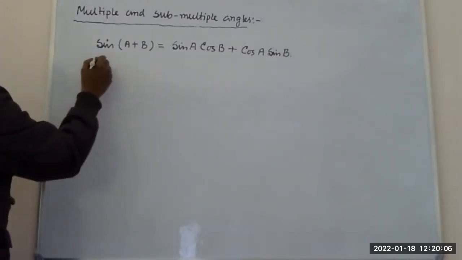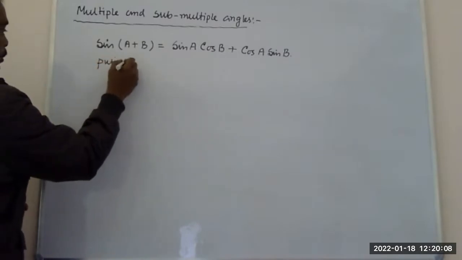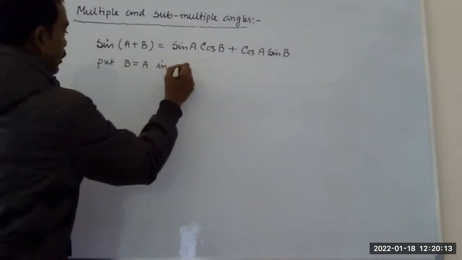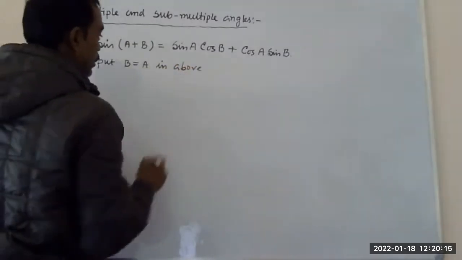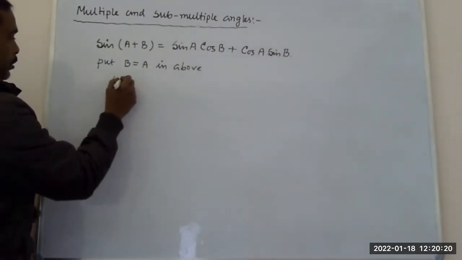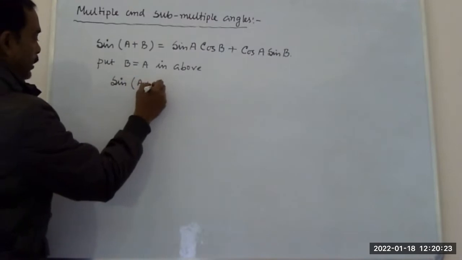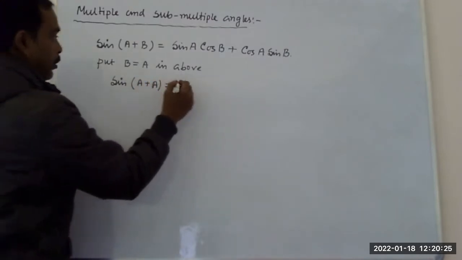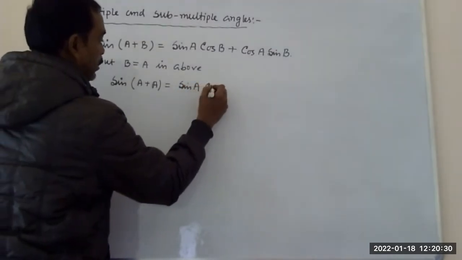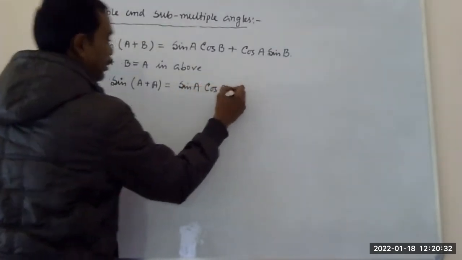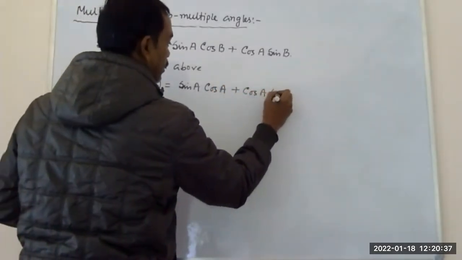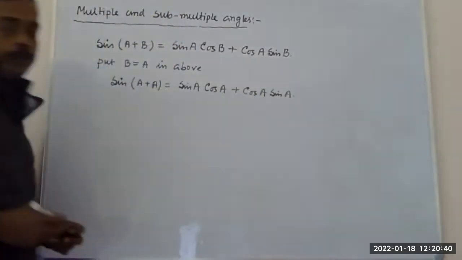Now, if we put b equal to a in the above, then sine of a plus a is equal to sine a cos a plus cos a sin a, right?